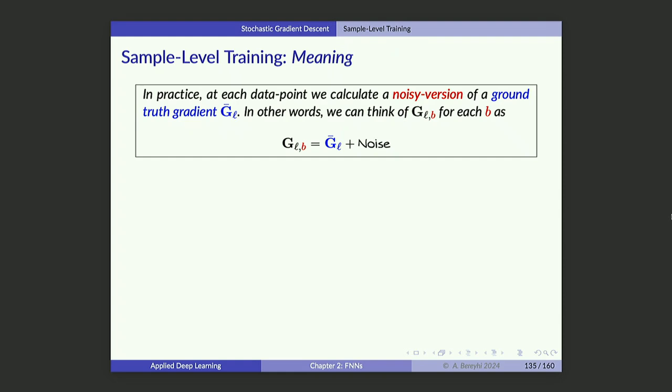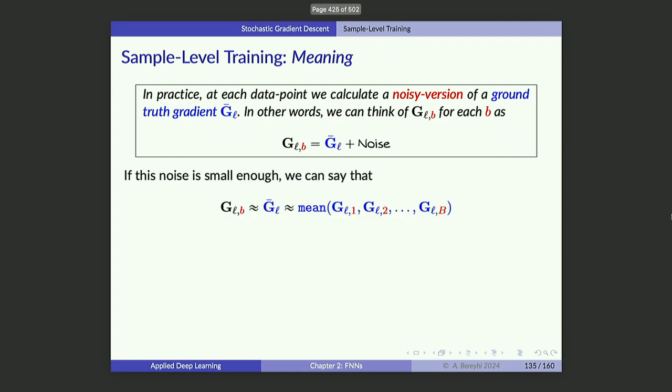Yeah? But at the end of the day, you can think of every single gradient sample that you're computing to be of this form. And what we are doing in this sample level approach, we're saying that every one of these noisy guys is a kind of approximation of the true one. So is the average one. So what we do in full batch training, we are just computing the average of all of these guys.